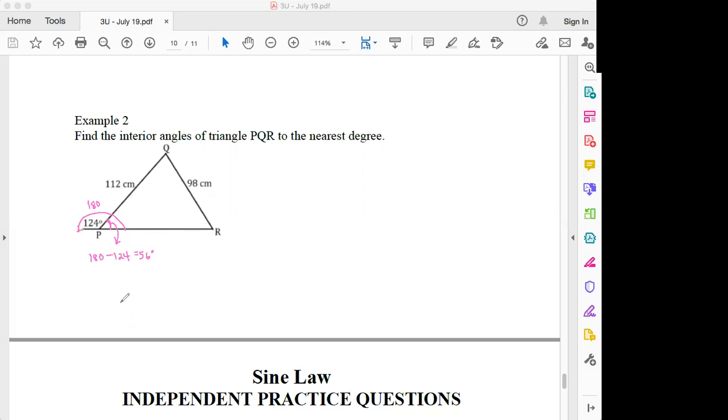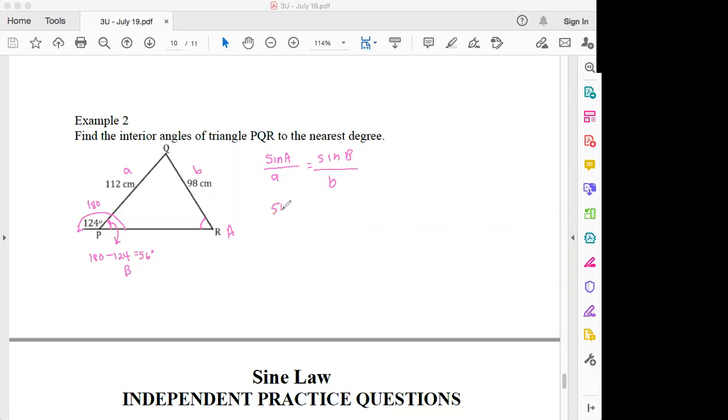Now we want to find another angle. We're going to try finding this angle. We'll label this one A and smaller a, and this one B and the smaller b. Because we're looking for an angle, we're going to use this version of our sine law. It makes it a lot easier if you swap it like that. It doesn't really matter, it's not going to give you the wrong answer, it's just easier to solve for the angle.